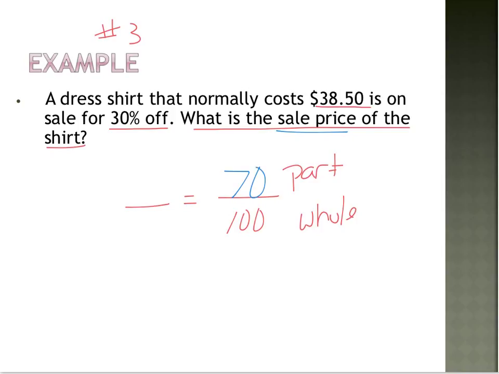Take 100 minus the 30, and you're left with 70%. And on the left-hand side of the equation, again, you have part over whole. Well, we don't know the part that we're paying, the 70%, but we do know the whole is $38.50. Let's go ahead and use our cross products.